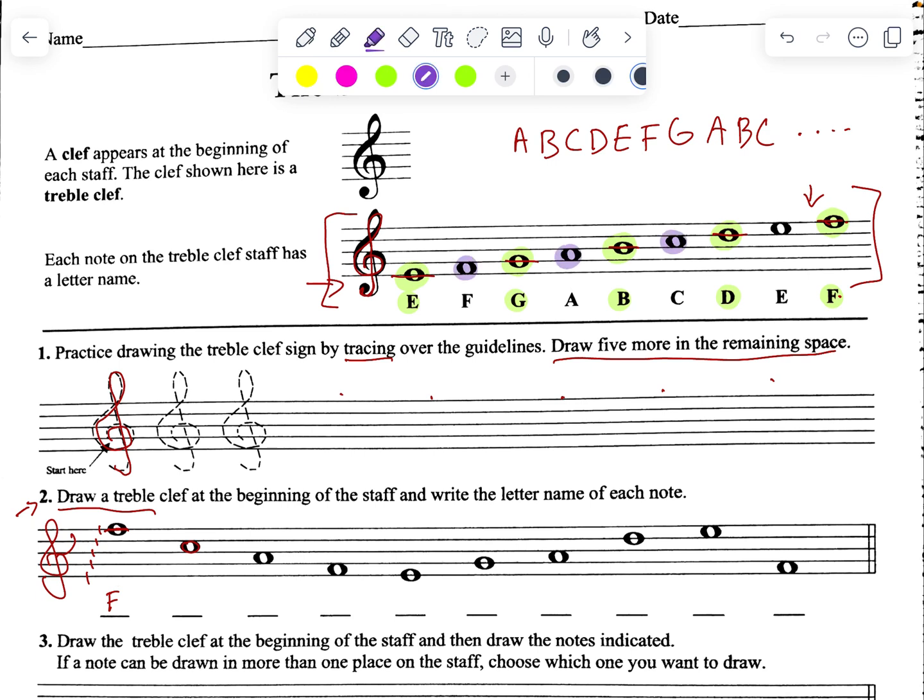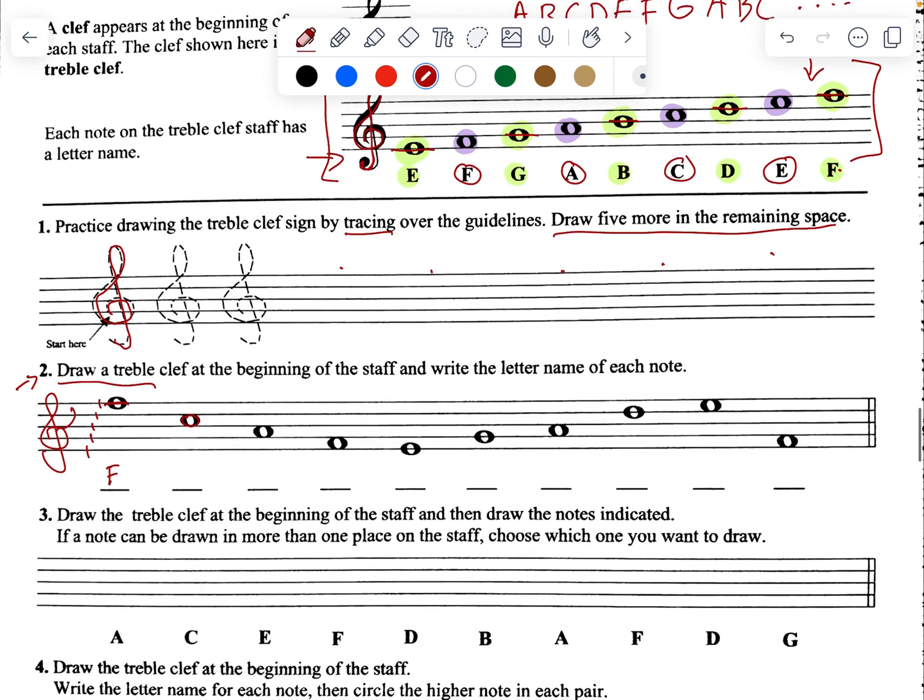There are 4 of them, and they fit in between each of our lines here. Those spell F, A, C, and E. So if I'm looking here at this note on the 3rd space, I would say F, A, C. Oh, that's a C. Okay.